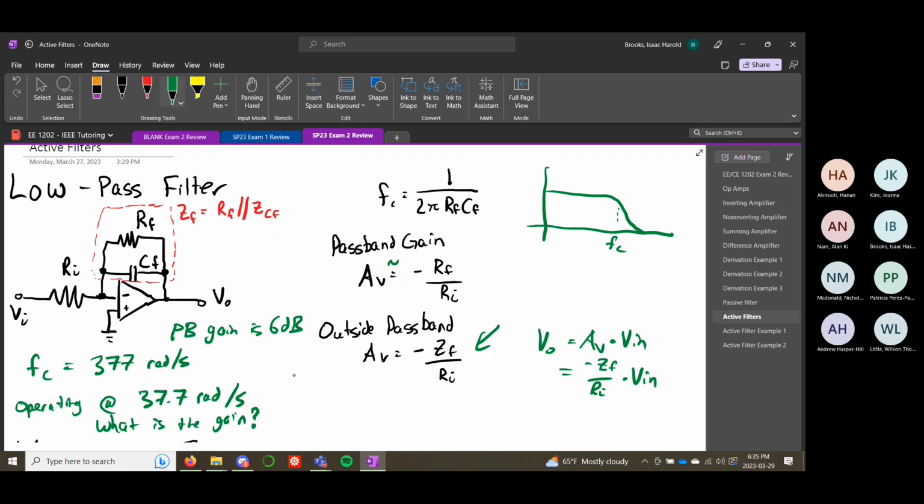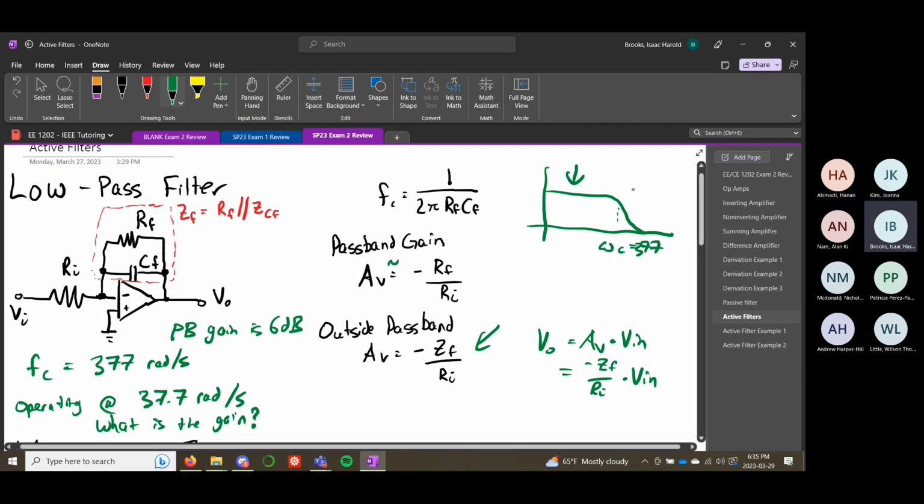3. Frequency is passband minus 3 dB. Oh, yeah, sorry. This is the passband gain. But yeah, this is kind of a trick question, right? Because if our cutoff frequency, let's call this omega c, is 377, then we're operating over here.